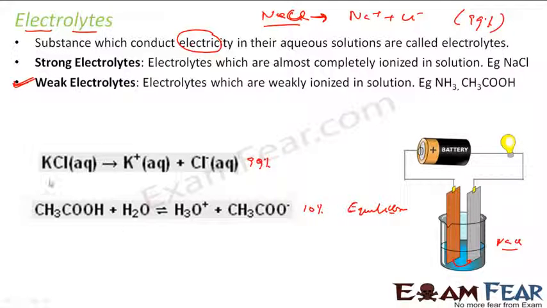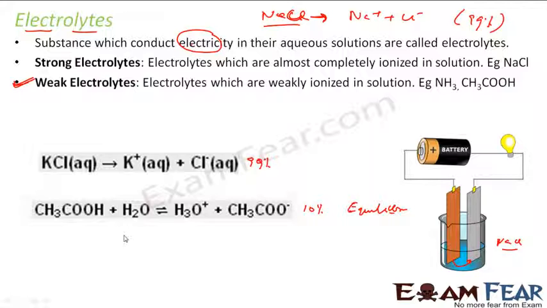So in case of strong electrolytes, and strong acids also, it gets almost completely ionized. So it is not a reversible reaction, it is not an equilibrium reaction. But in case of weak electrolytes, it partially gets ionized and we have equilibrium there, and we use all the principles which we have learned.